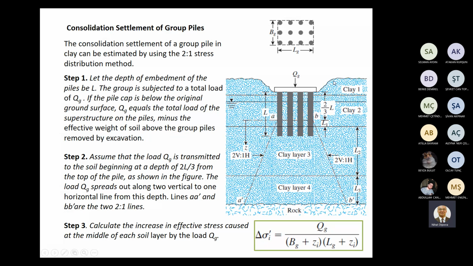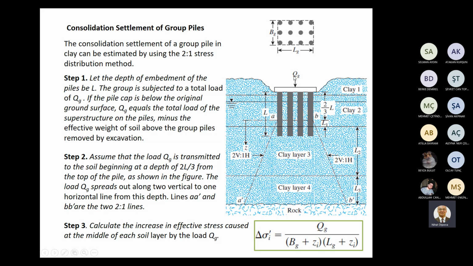This is step 1. In step 2, assume that the load Q group is transmitted to the soil beginning at a depth of 2/3 L, where L is the length of pile. This depth is 2/3 of pile length, the AB line.